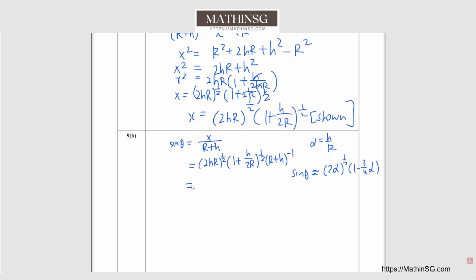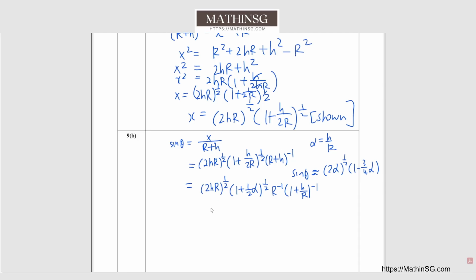Okay, so next, once I've done this, I need everything to be in terms of alpha. There is no h or r, right? So I know that here I already see my h and r, so I can immediately change this h over 2r to half alpha. For this one, I can take out my r. Then I have 1 plus h over r to the power of minus 1, right?